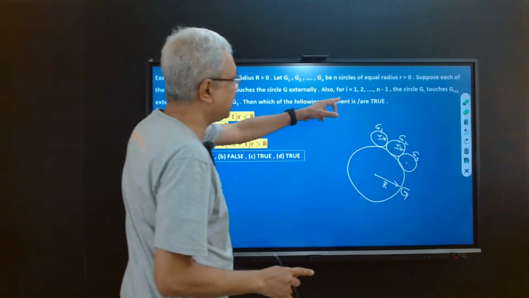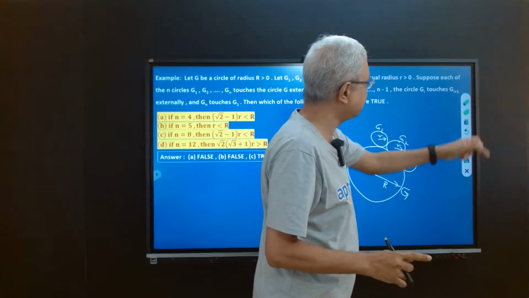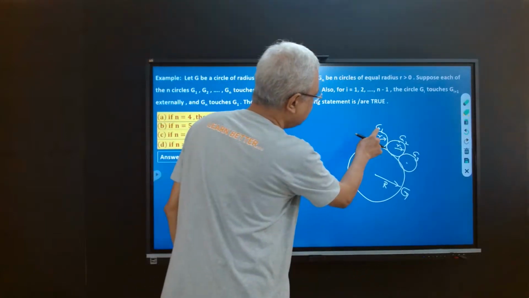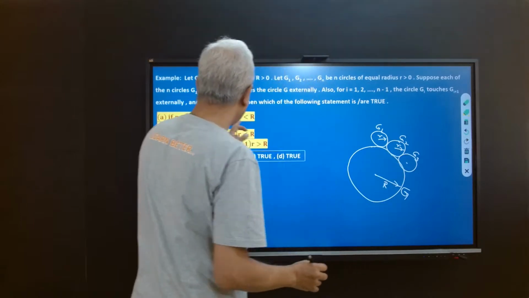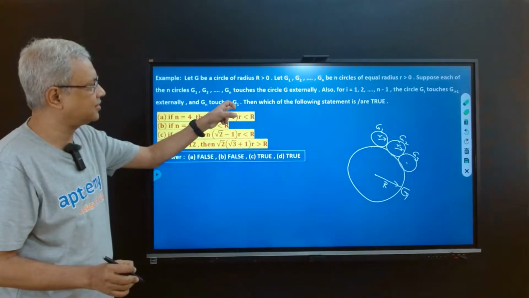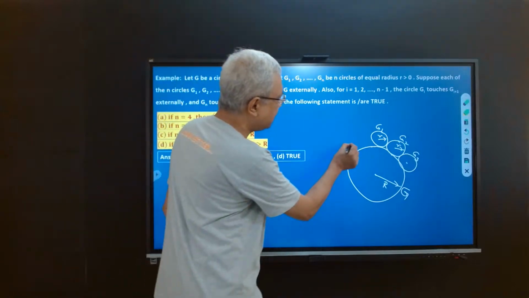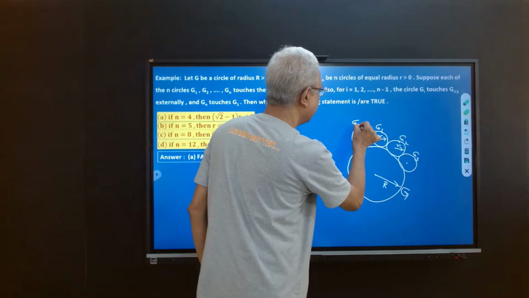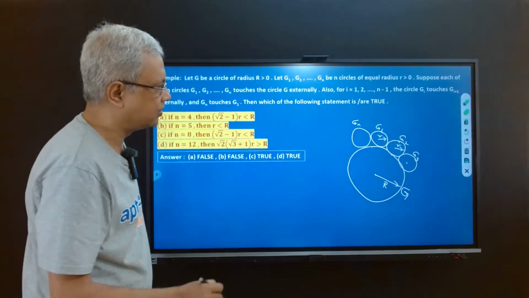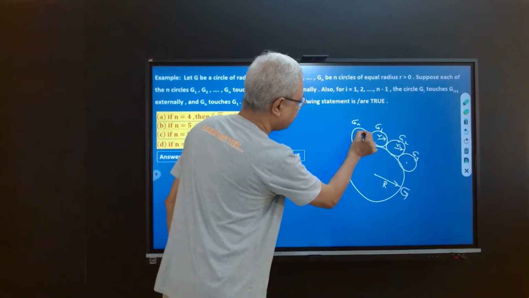And it is said the circle Gi touches Gi plus 1. That means G1 touches G2, G2 touches G3, and so on. And finally, Gn touches G1. That means if this is the nth circle, Gn touches G1.